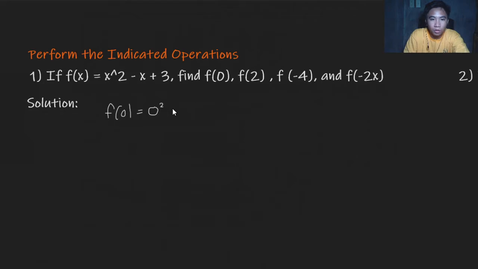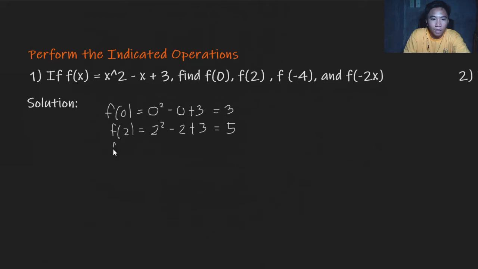Substitute 0 squared minus 0 plus 3. So, the answer is 3. Madali lang. So, f of 2 is equal to 2 squared minus 2 plus 3. So, ang sagot dyan is 4 minus 2, 2. 2 plus 3 is 5.